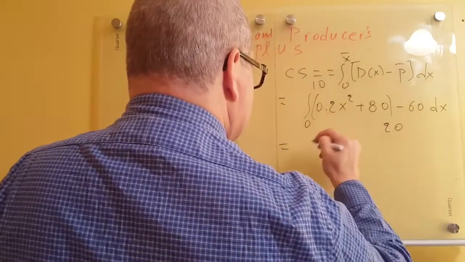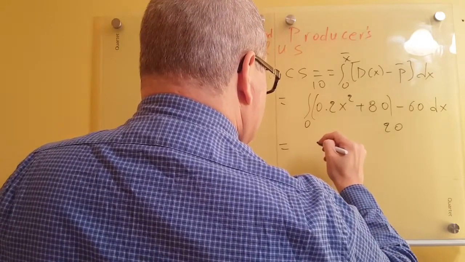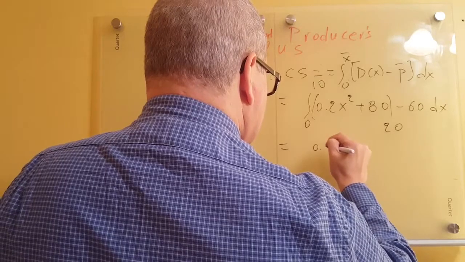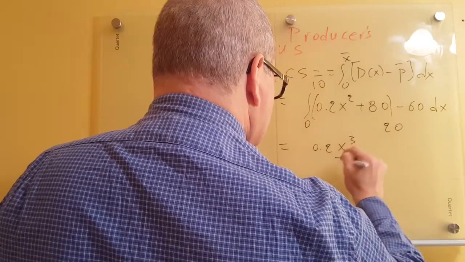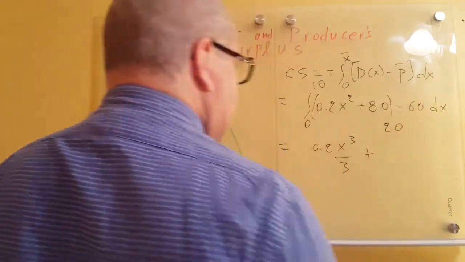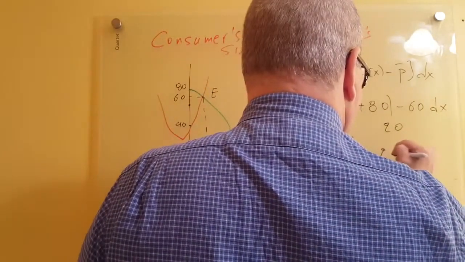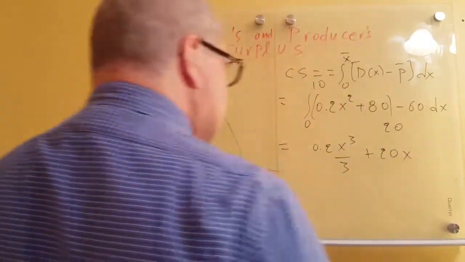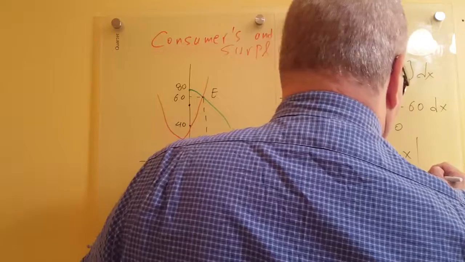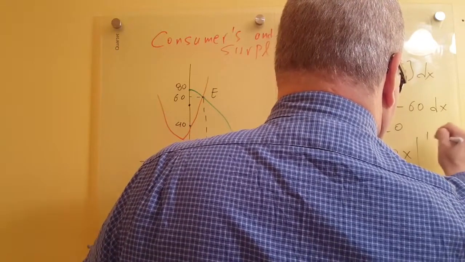So that means that we have to find the integral of 0.2x squared, which is 0.2x to the third over 3, plus, we said 80 minus 60, so that's 20. So the integral of 20 is 20x, and we have to integrate this from 0 to 10.